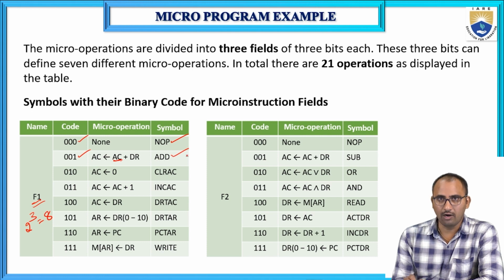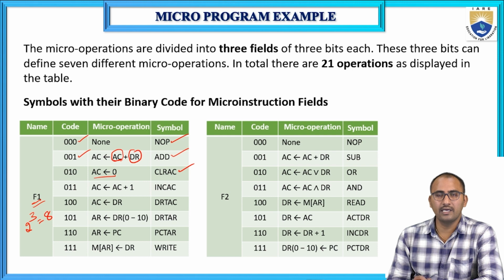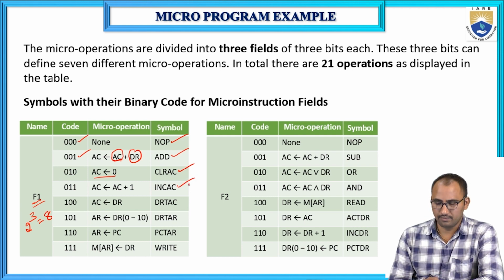It performs the add operation with the contents of the accumulator and the data register. Next, clear accumulator. That means we are clearing the accumulator. After clearing, the accumulator content is equal to 0. Increment accumulator.